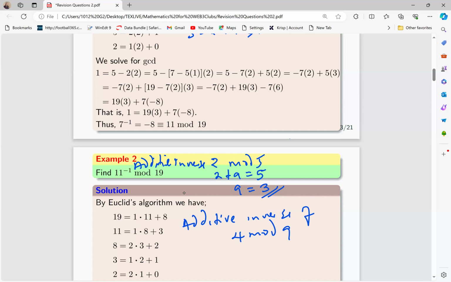Yes, it's that element which when added to 4 gives you 9. When you make it the subject of the formula, you find that element to be 5. That's what we talk about as additive inverse.